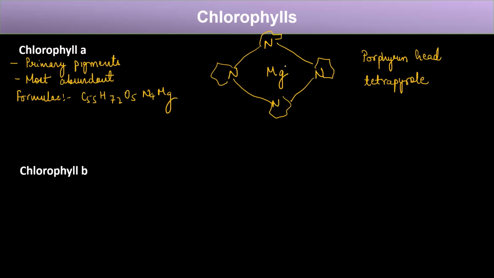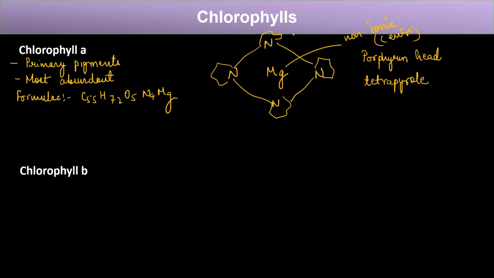And this magnesium is non-ionic. It will not be in the form of Mg2+, but it is in the form of Mg. So we have a magnesium in the center, and this magnesium is surrounded by 4 pyrrole rings. Because of this reason, it is known as tetrapyrrole. And this together constitutes the porphyrin head.